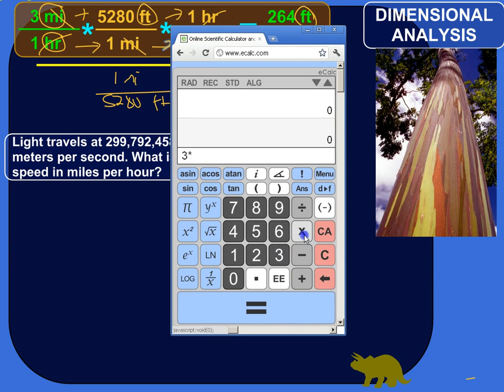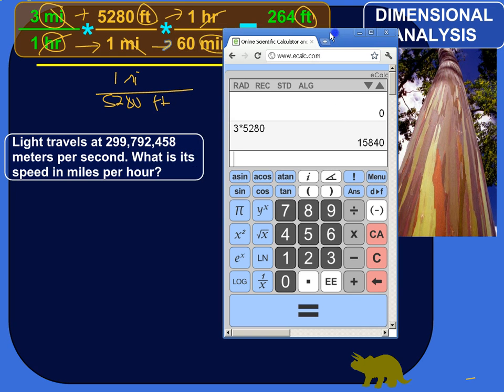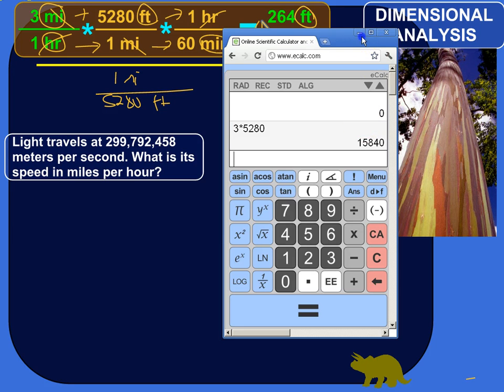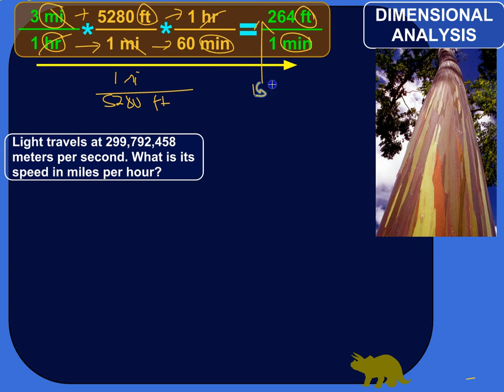So 3 times 5,280 times 1 is 15,840. So that's what I would get before this last step. And then 1 times 1 times 60 is 60.